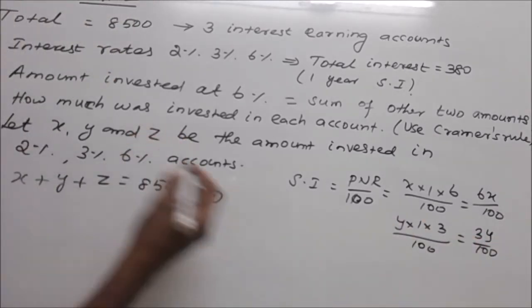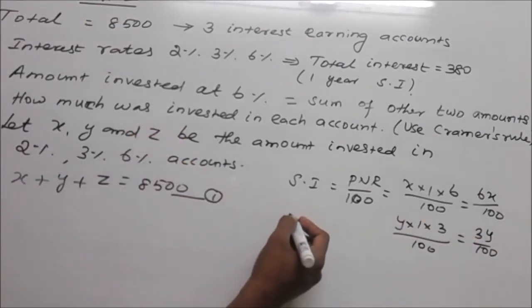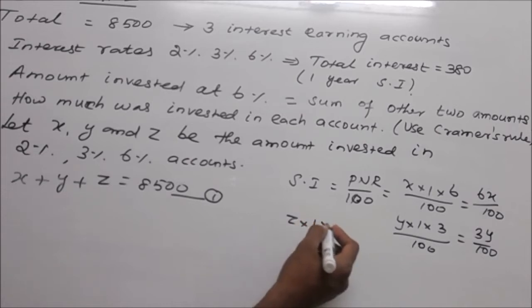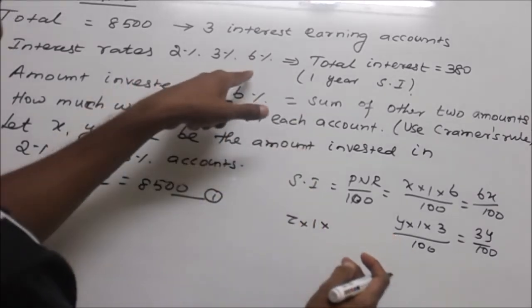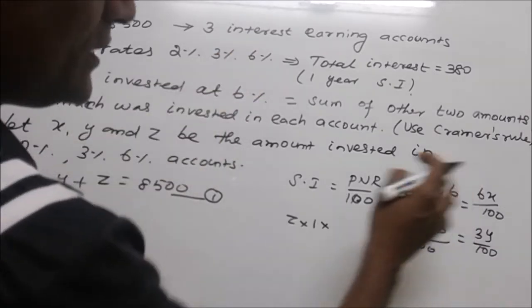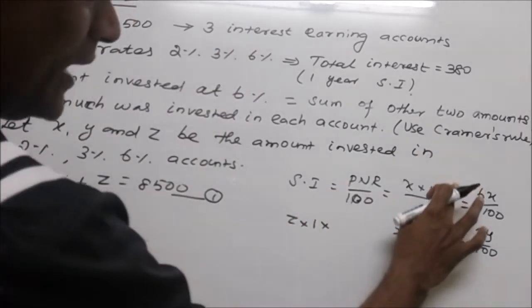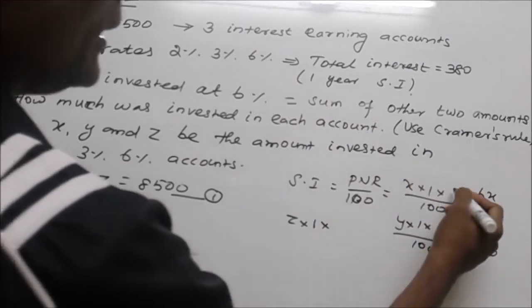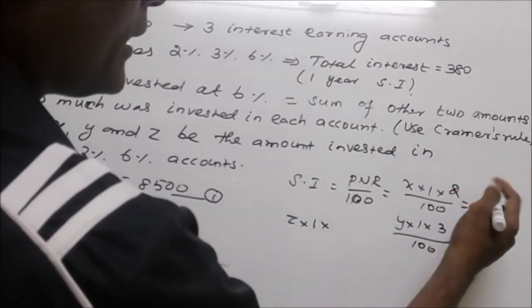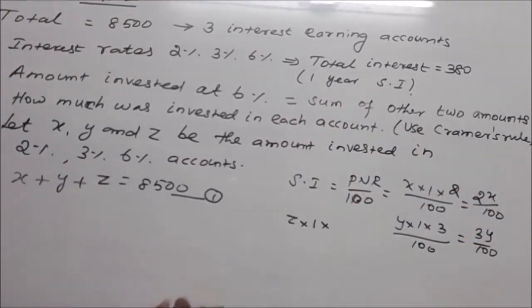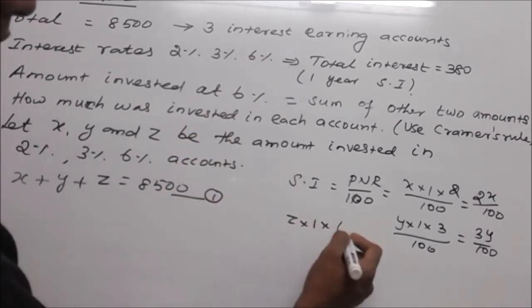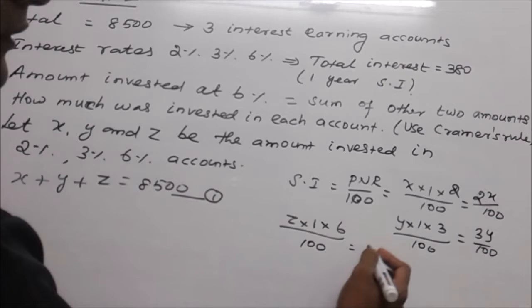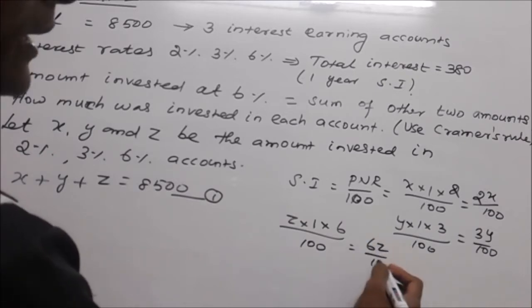And for the third case, z into 1 year into the rate of interest 6. For the first case it is wrong. For the first case it is 2% only. So 2x by 100. Second case is okay. For the third case 6%, so z into 1 into 6 by 100, that is equal to 6z by 100.